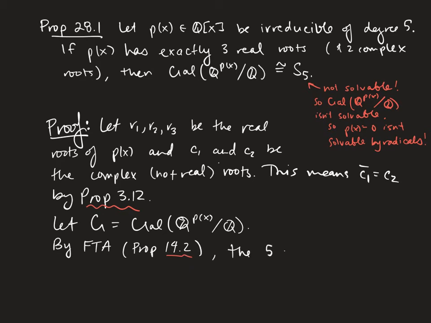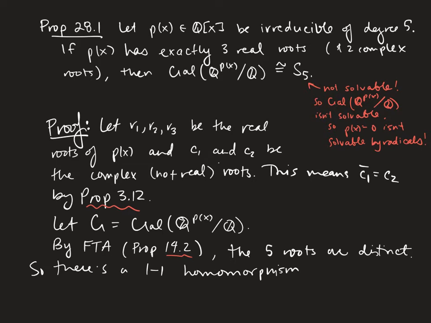The 5 roots are distinct. And that tells us that there's a one-to-one homomorphism, and we've already looked at this guy. We've called him T. That goes from our Galois group G to S5. Why S5? Because we've got 5 roots.